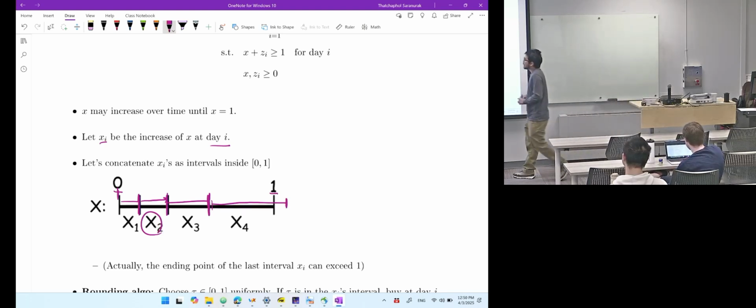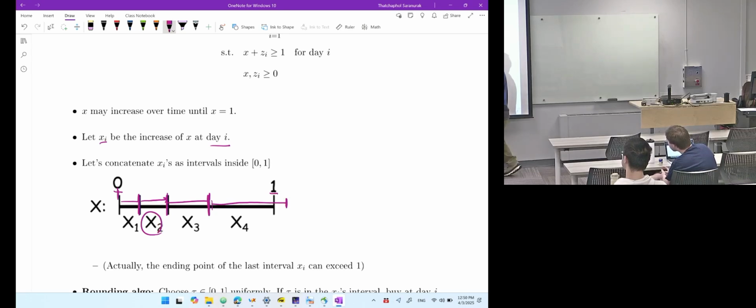We know that after b days, x_b will exceed 1. So far we need to design the rounding algorithm.